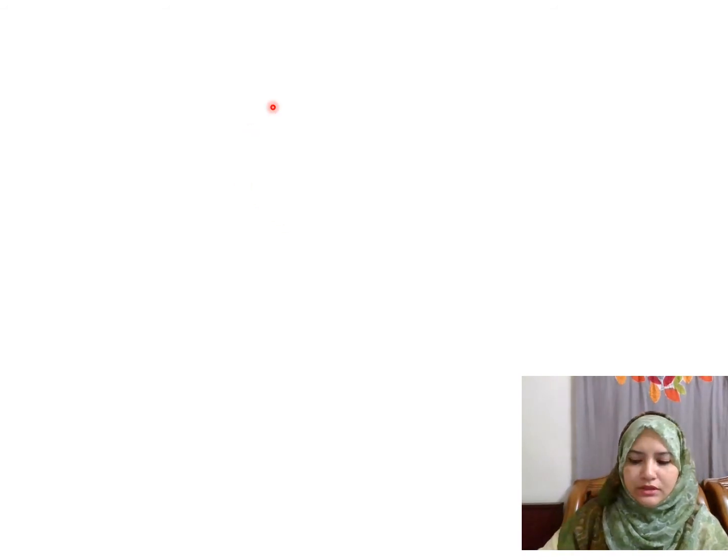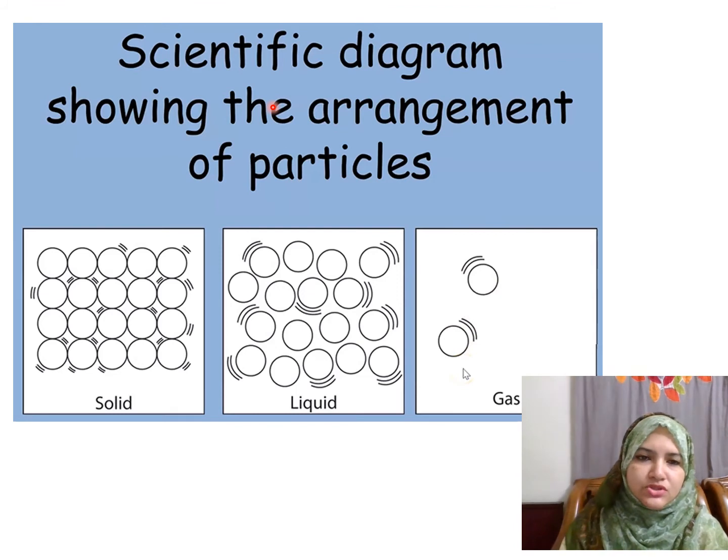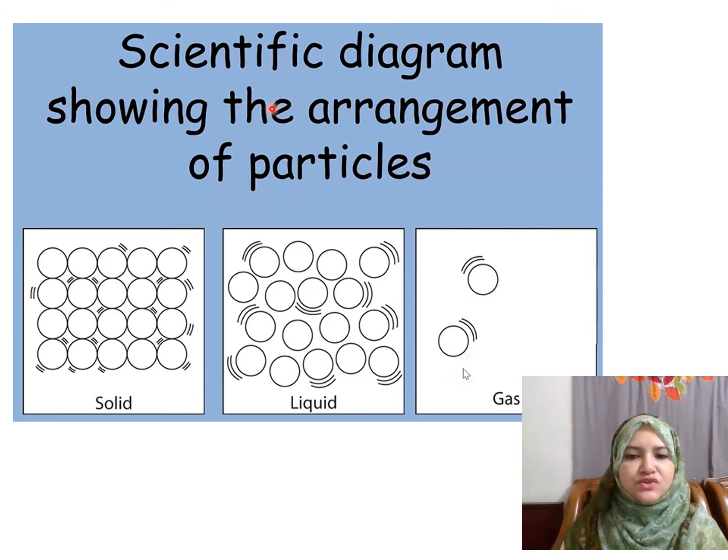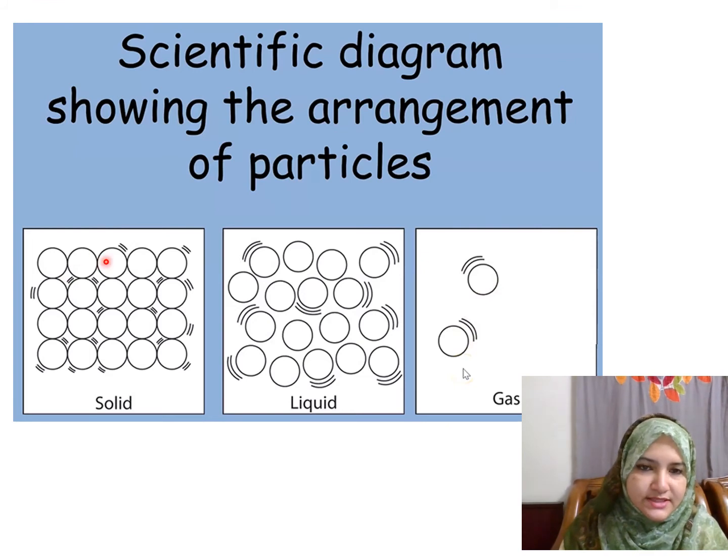Now let's take a look at the scientific diagram showing the arrangement of particles and compare the three states of matter at a particle level, based on three points: the distance between the particles, the force of attraction between the particles, and the amount of movement, or the kinetic energy, of the particles. Here you can see solid, very tightly packed.